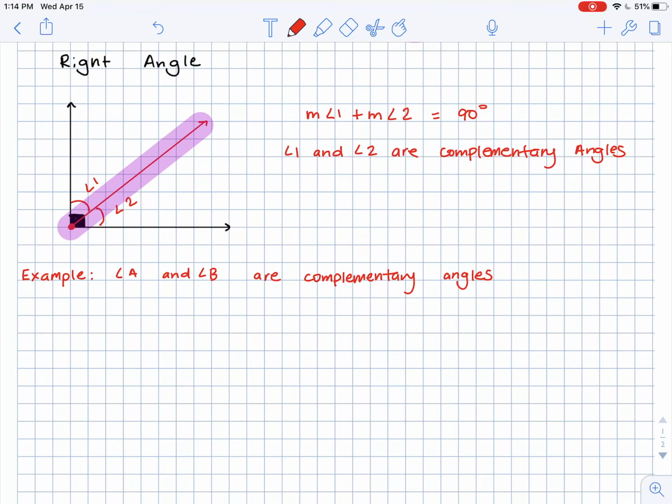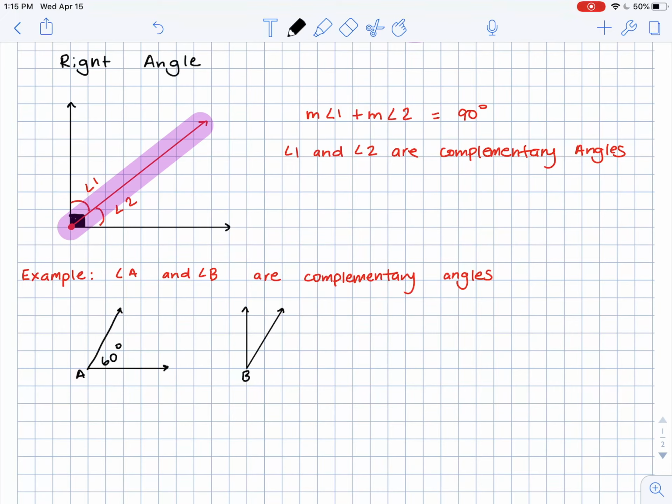Okay, so if I have angle A and I have angle B, and I say they're complementary, if this is 60 degrees, what is the measure of angle B going to have to be?